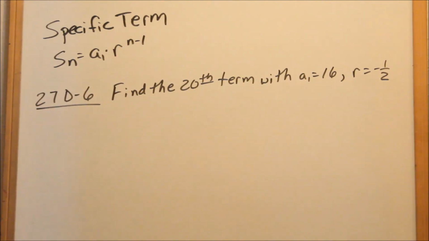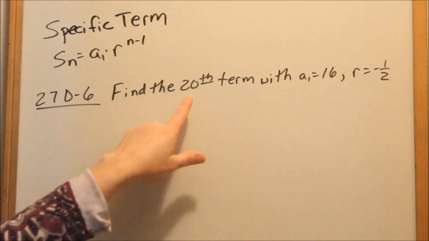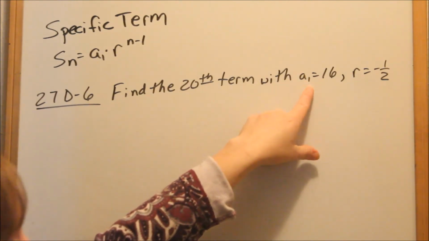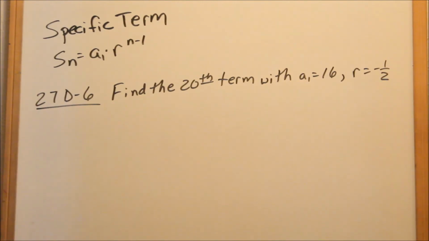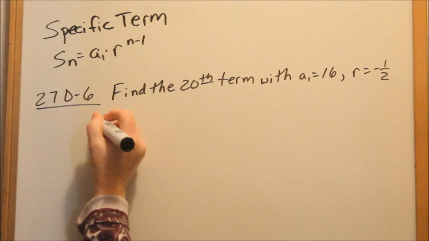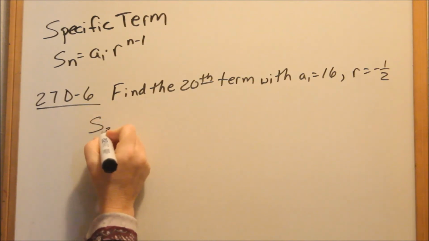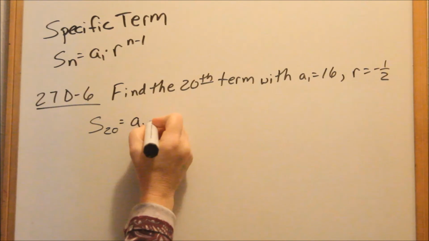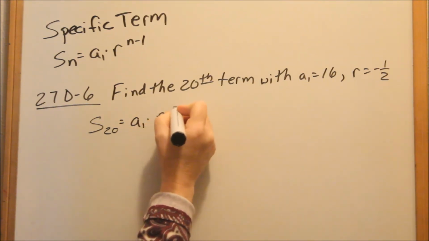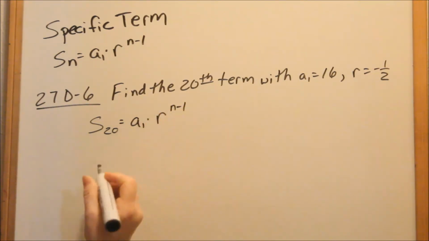So looking at 27D6, find the 20th term where we're given a sub 1 is 16 and the common ratio is negative 1/2. So using the formula, we are finding the 20th term: a sub 1 times the common ratio to the n minus 1.